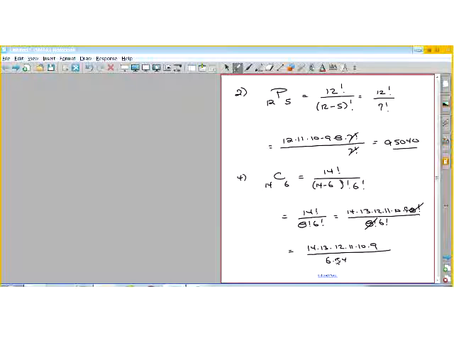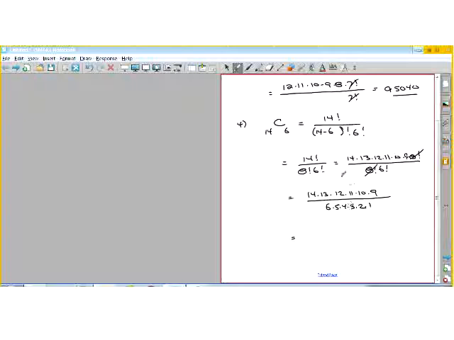6 factorial is 6 times 5 times 4 times 3 times 2 times 1. Now we see if we can cancel some of these out. 5 times 2 is 10, so those can be simplified, 10 divided by 10. Then we have 12, which is 4 times 3, and 6, which have a common factor of 3.